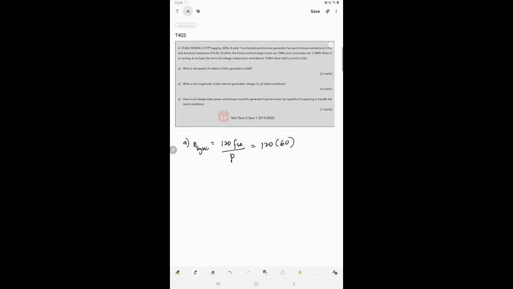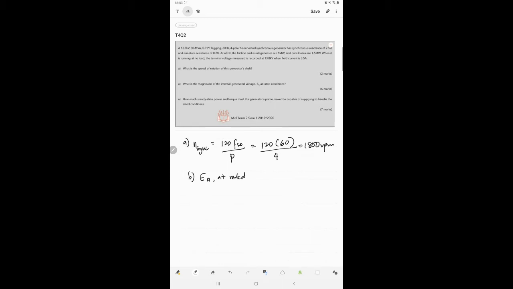So 120 times 60 over 4 poles. It is running at 1800 RPM. Next, what is the magnitude of EA at rated conditions?